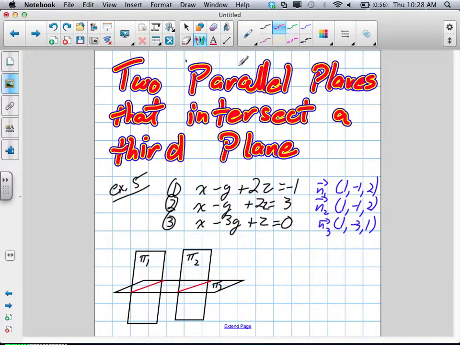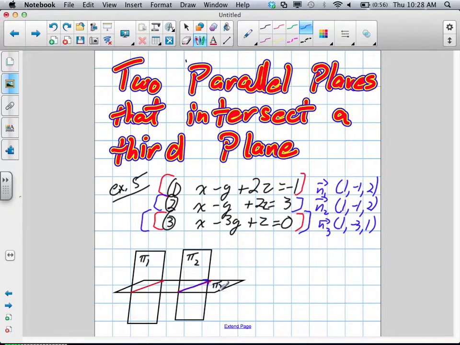In which case, you would be working with plane 1 and plane 3 together to find out the line where they intersect, is what we did earlier or yesterday. And you do the same thing over for plane 2 and plane 3, where those 2 intersect, which is again going to be a line. And we'll just kind of put it blue so it looks similar to our colors, okay?